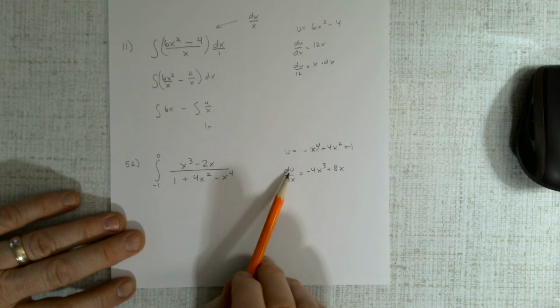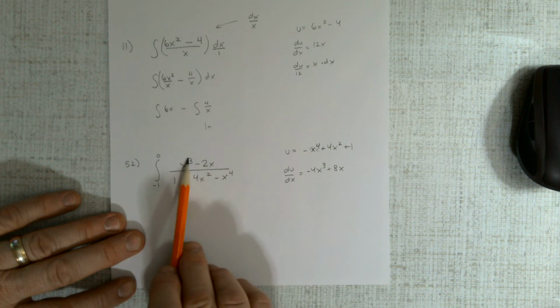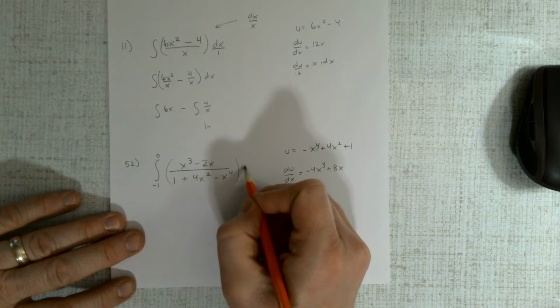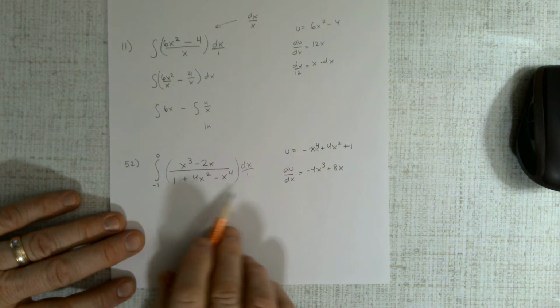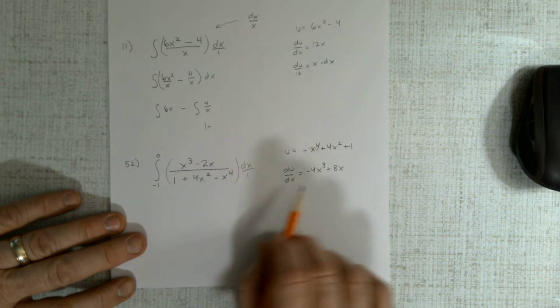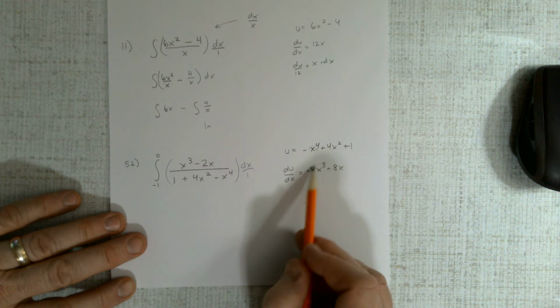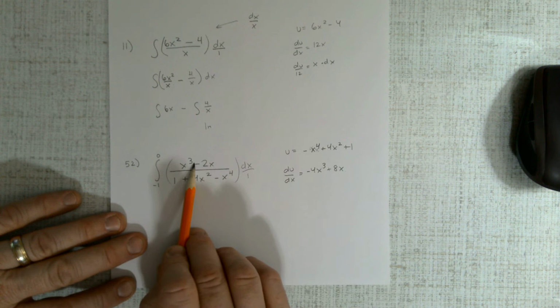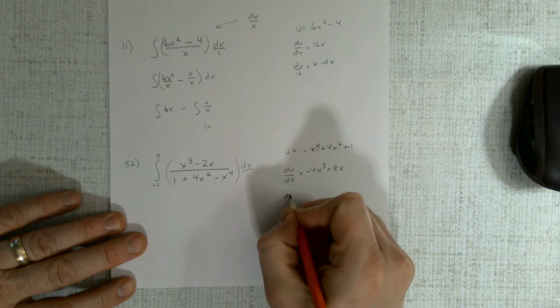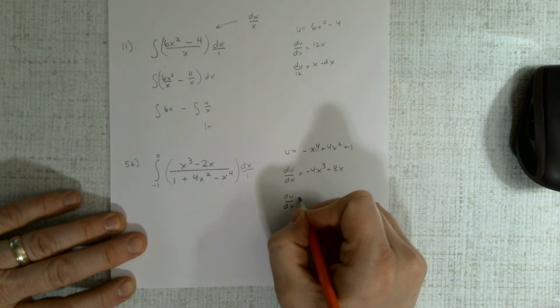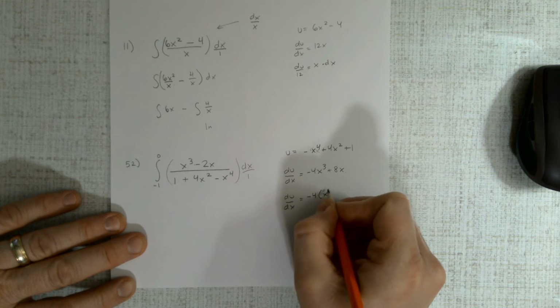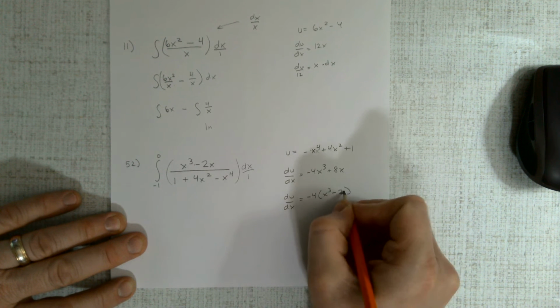And now what we're having is we're having a cubed here, and the dx is always here, which is always over 1. So it's going to work out, and I think I can make this look like that if I just factor out a negative 4. That makes that.